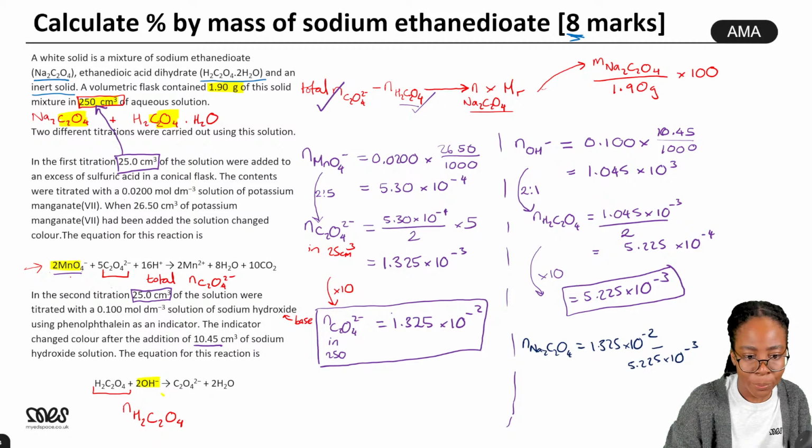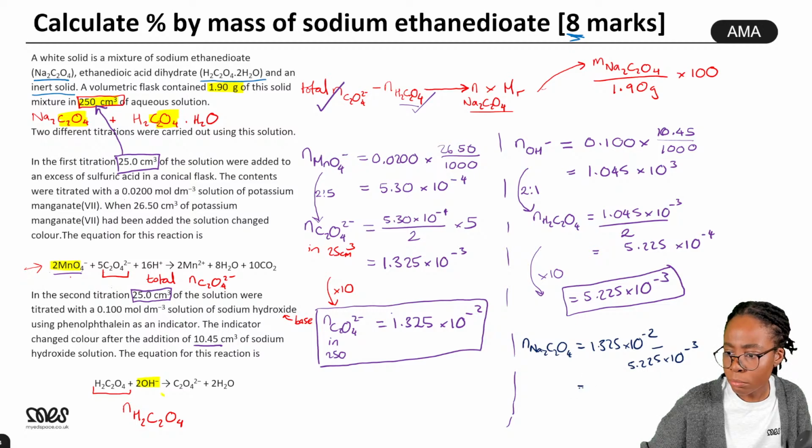Which gives us 8.025 times 10 to the minus 3.